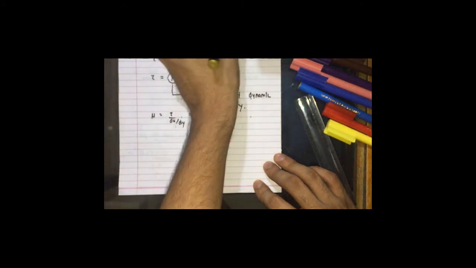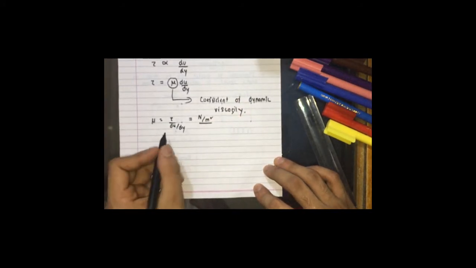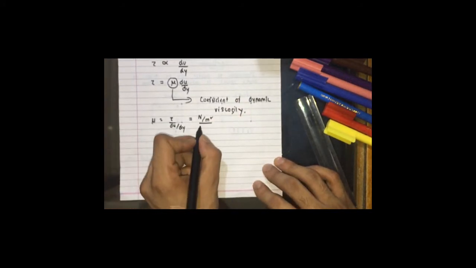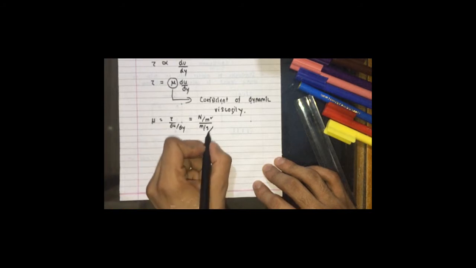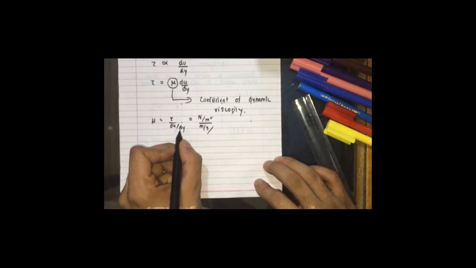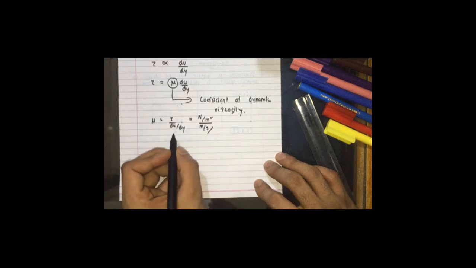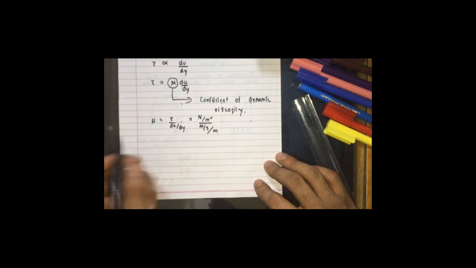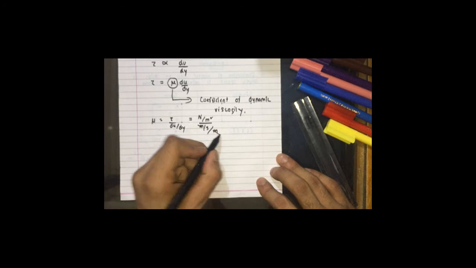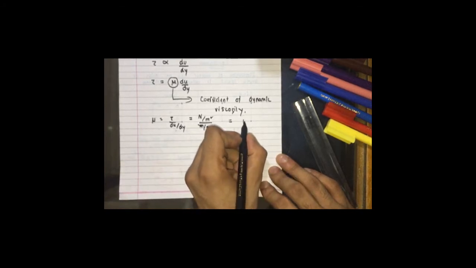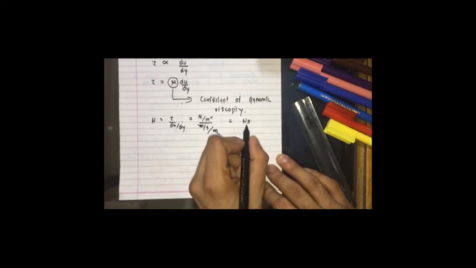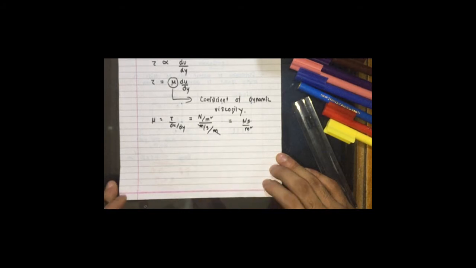Now this is velocity, so velocity is meter per second, and this is nothing but the distance between the two layers, right? So it's nothing but meter. Now we cancel this. What we get is Newton second per meter square.